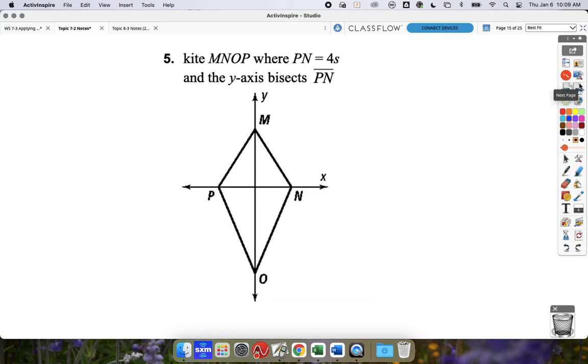All right. Kite, MNOP, where PN is 4S long and the y-axis bisects PN. Too much? We have a kite. From P to N is 4 S's long.